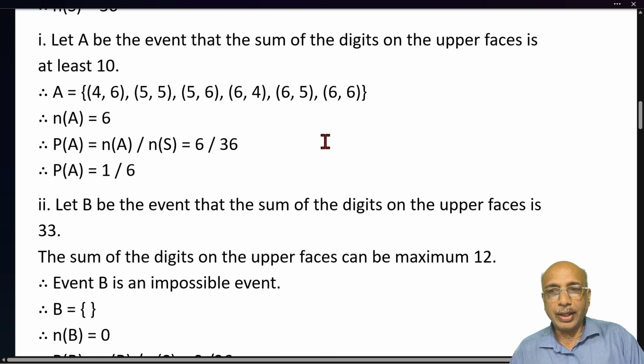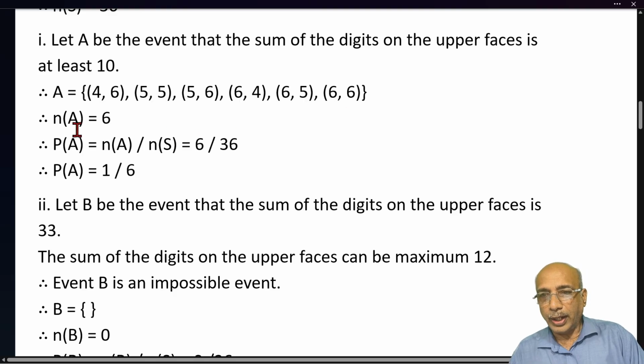What is the event given here? First, let A be the event that the sum of the digits on the upper face is at least 10. At least 10 means 10 and more than 10 will do. Therefore, A equals (4,6), (5,5), (5,6), (6,4), (6,5), (6,6).